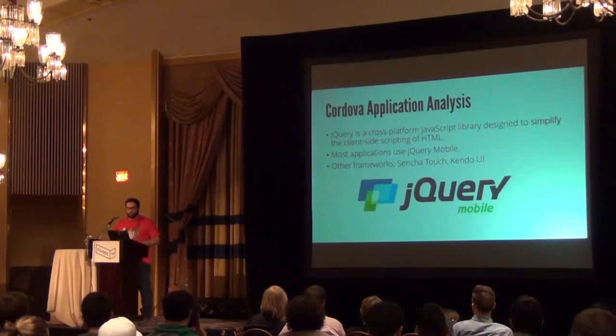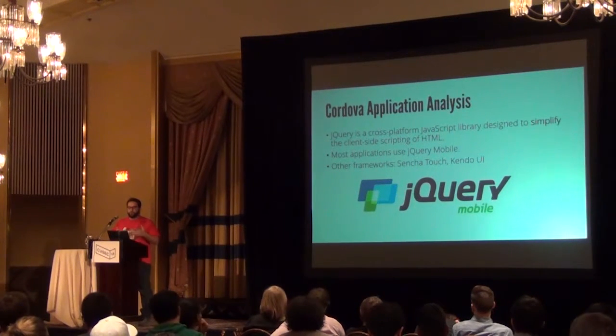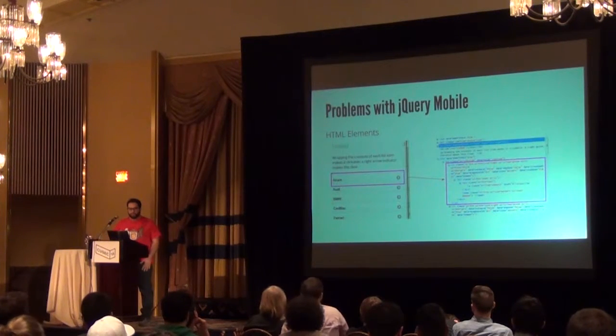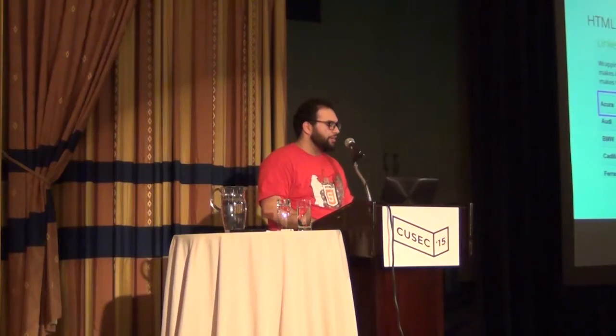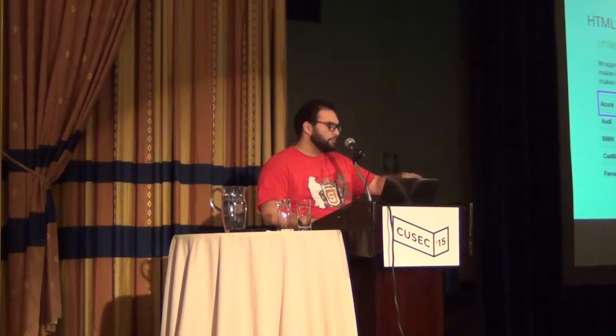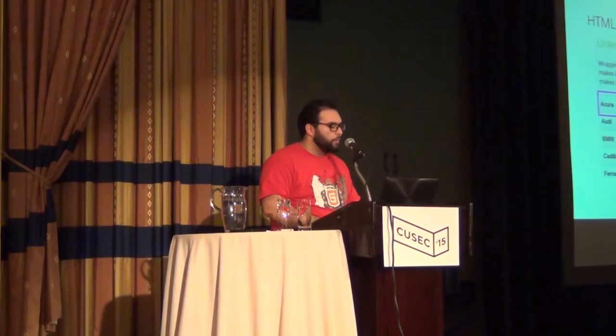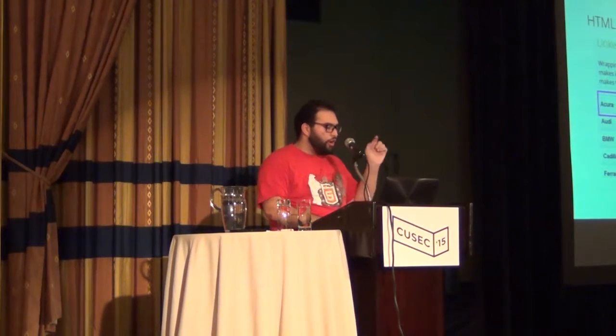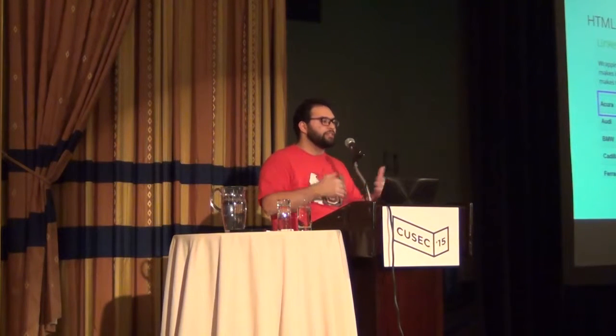Now, jQuery is not too bad. It doesn't take too much to load, but the real killer from the jQuery family of products is jQuery Mobile. So let me actually show you what jQuery Mobile does. Here's a very simple HTML element. It's a linked list. It's got a bunch of buttons that you can press, but essentially what it actually generates is all of these excessive elements inside each other.